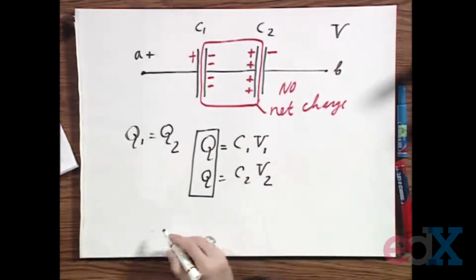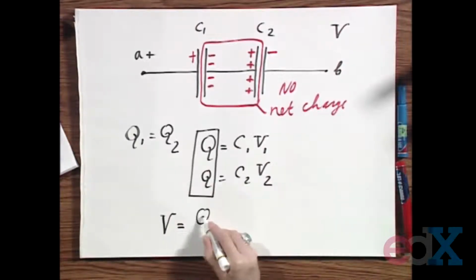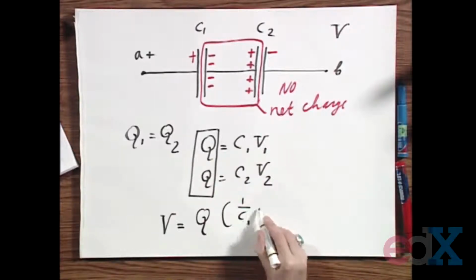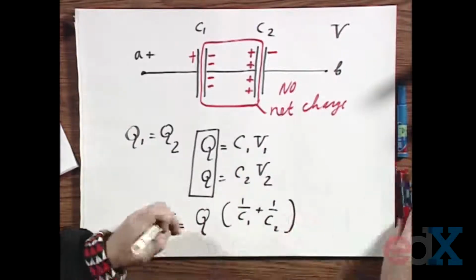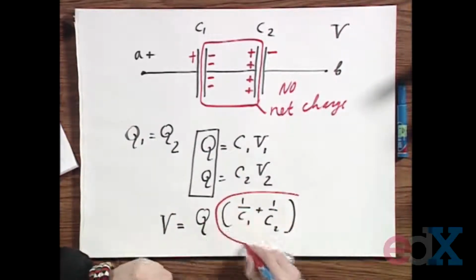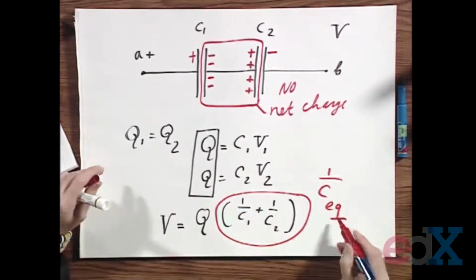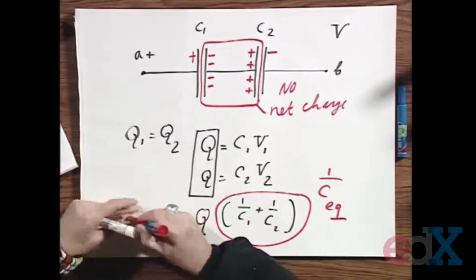If you work this out, then you could easily show that V equals Q times 1 over C1 plus 1 over C2. And this is often called 1 over C equivalent. The C equivalent is, so to speak, replacing these two.